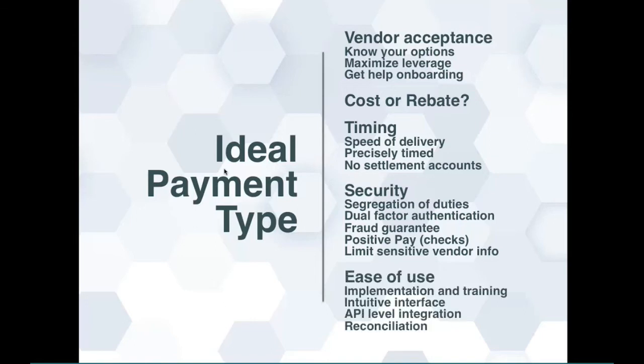And the last thing, and this is where a lot of people have gotten stuck, is the ease of use. The reason people are still sending so many checks is because they're easy. Easy from the perspective of everyone accepts it, and everyone's kind of used to doing them. But ultimately, and this has been one of the reasons people haven't moved to as many cards, is they haven't been really integrated, these different payment types, to the accounting system, because that's where all the payments originate from.